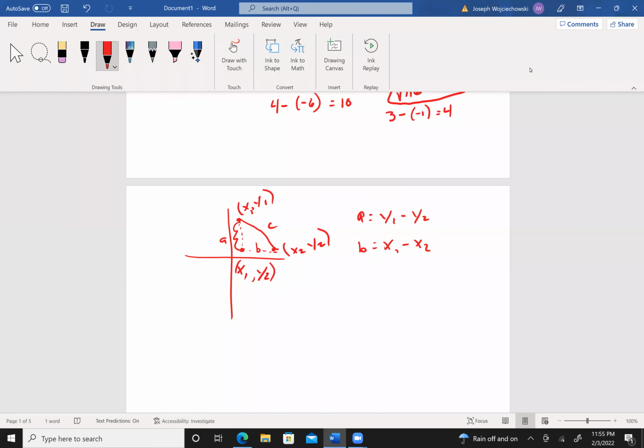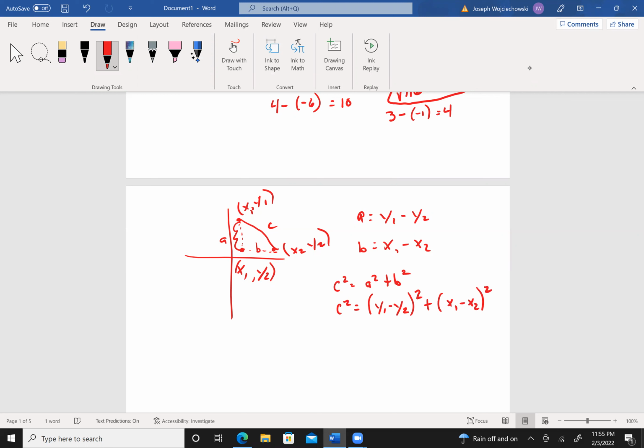So now I want to know what c is equal to. I know that c squared is equal to a squared plus b squared. I know that a is y1 minus y2, and then we're going to square it. And this is x1 minus x2, and we're going to square it.